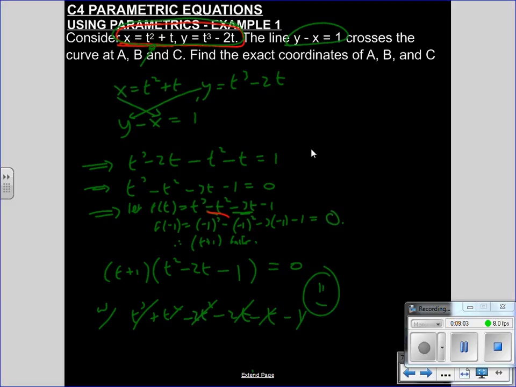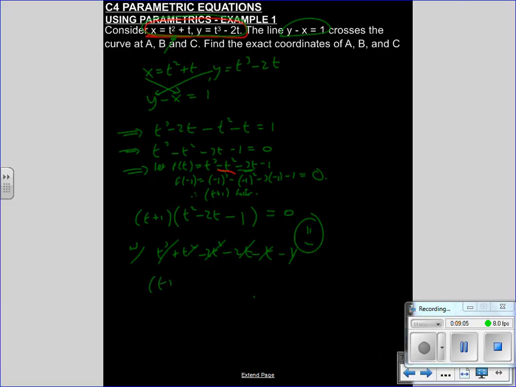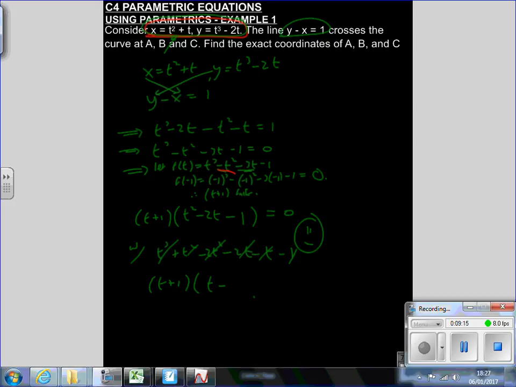Now we can factorize this one. So t plus 1, and what's that? Is this going to factorize? No, I don't think so. So we've got to factorize t squared minus 2t minus 1; I'm going to have to use the quadratic formula, or my magic calculator.